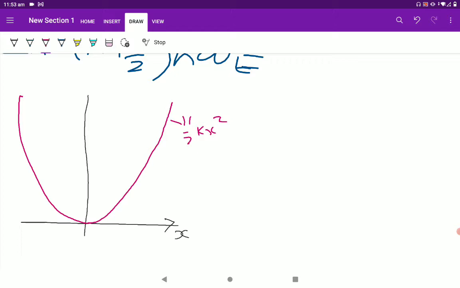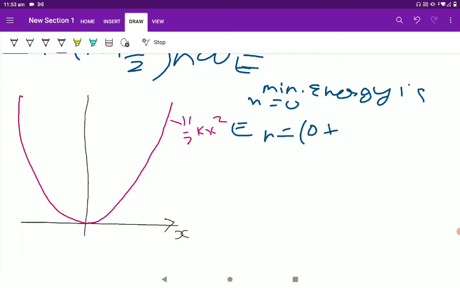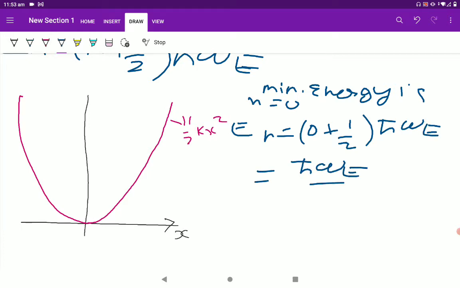First of all, the energy cannot be zero, so the value of n can be 0, 1, 2, etc. So the minimum energy is for n equal to 0, that is En equal to 0 plus 1 by 2 h cross omega E, which equates to h cross omega E by 2.